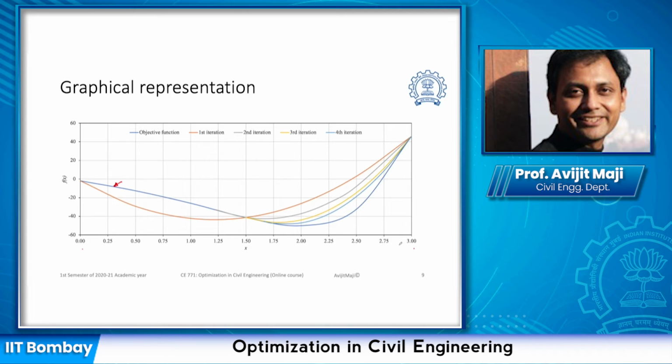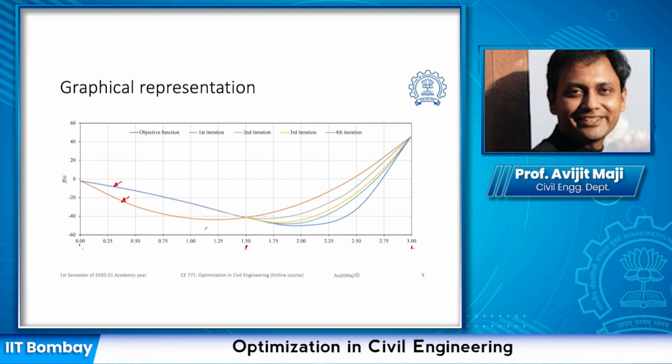We had selected 3 points on this objective function, and those 3 points are, one is 0, another is 1.5, and the third one is 3. Using these 3 points, if we want to fit a quadratic function, then that quadratic function is going to look like this orange line.